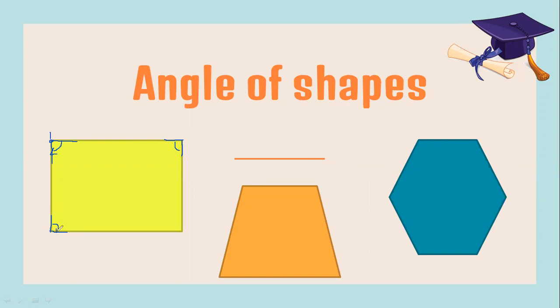So this is also an angle. And this also, we have a line that meets at this point, and it makes an angle also. So from this shape, we know it has four angles.